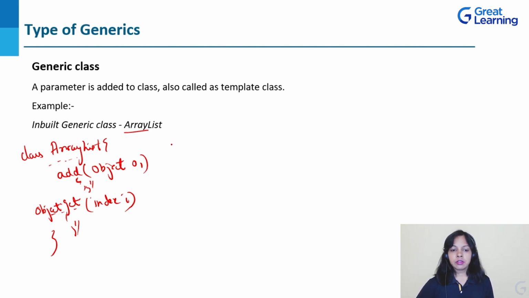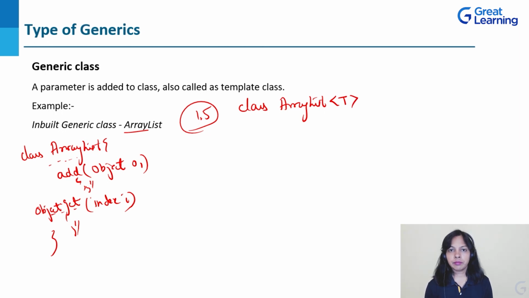After generics was introduced in Java, that is Java version 1.5 or version 5, whatever you name it, the same class ArrayList was defined in this way. Class ArrayList, and then there was a type parameter specified in the angular bracket. This angular bracket consists of a parameter type.